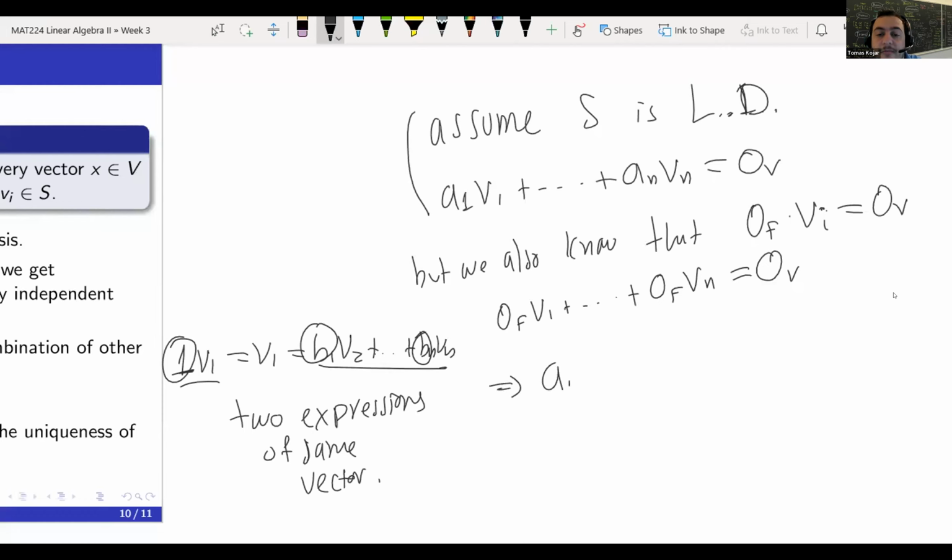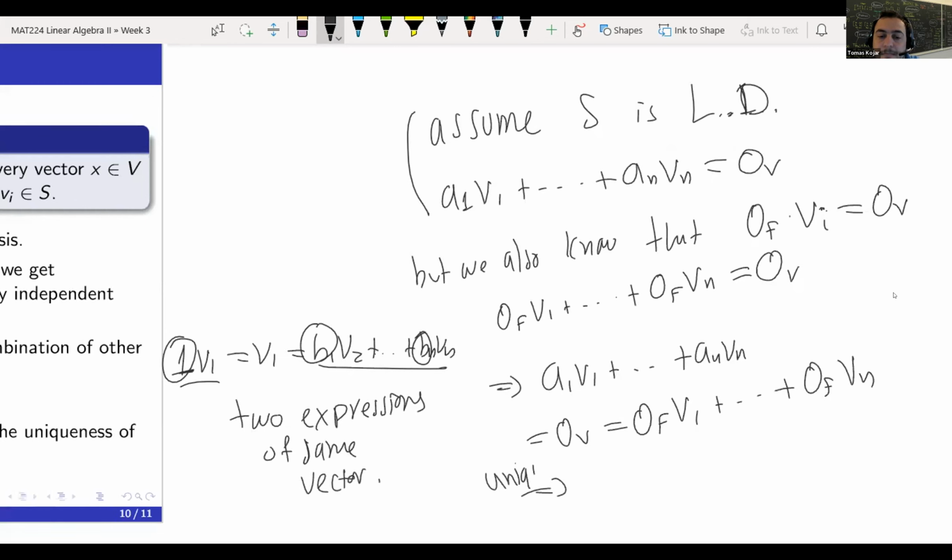So we have a1 v1 through an vn is equal to 0 v1, or let me write 0 times v1, through 0 times vn. And then by uniqueness, you get a1 is 0 and so on. Okay, so that's the proof from your textbook.